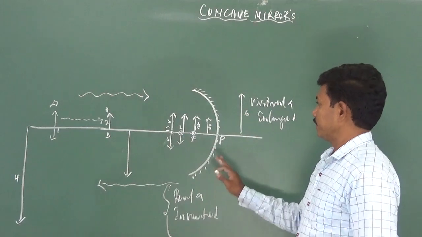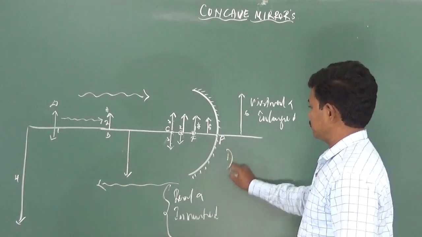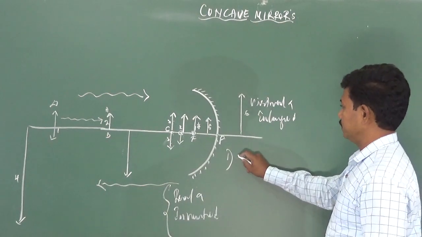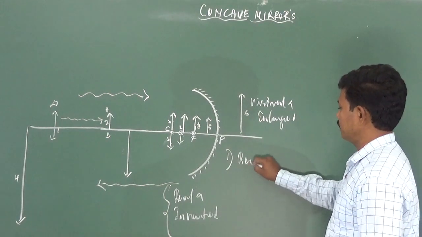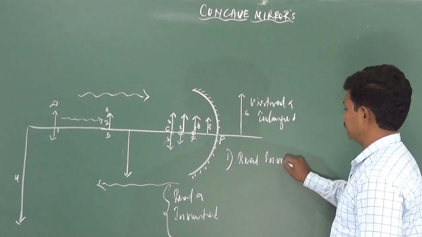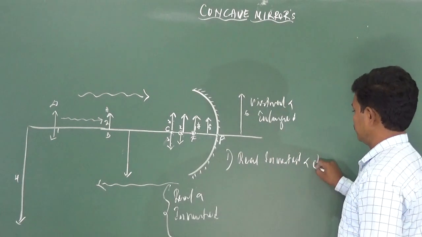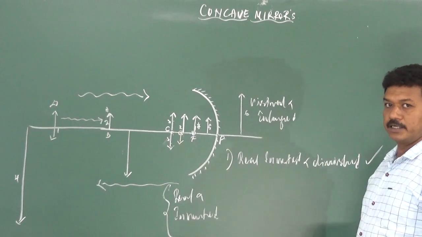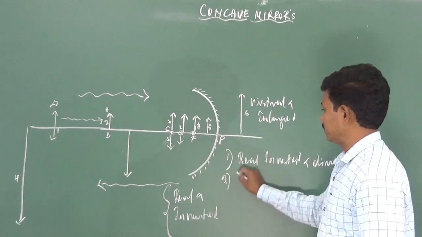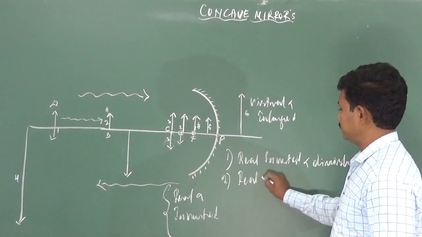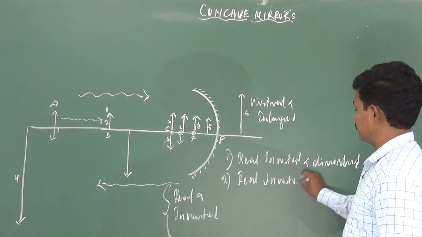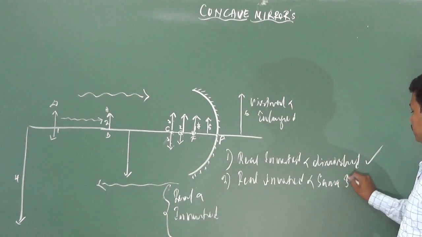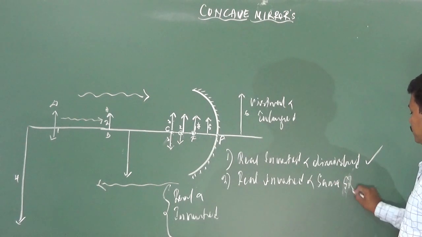Here, one particular thing we can go point-wise. Real images may be real, inverted, and diminished. So these types of images we are going to get. The second point is that they are real, inverted, and the same size, that is the size of the object.